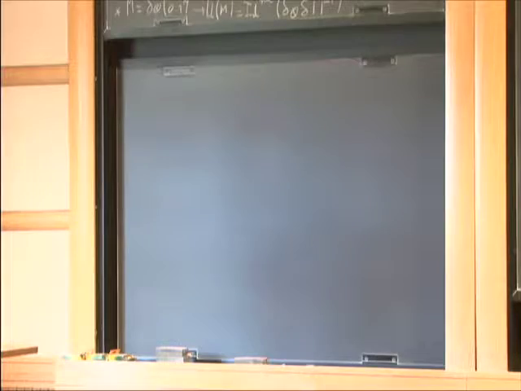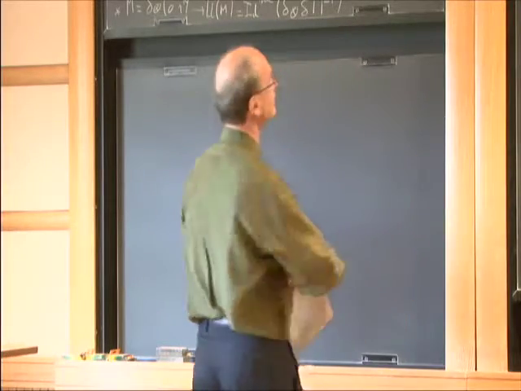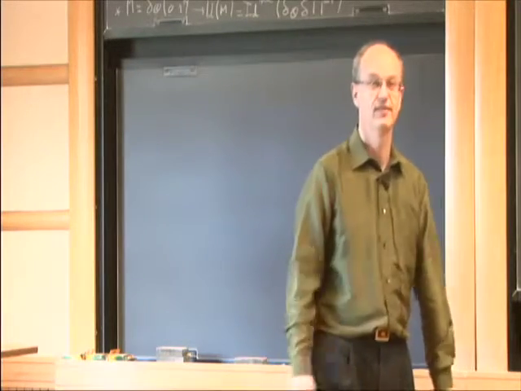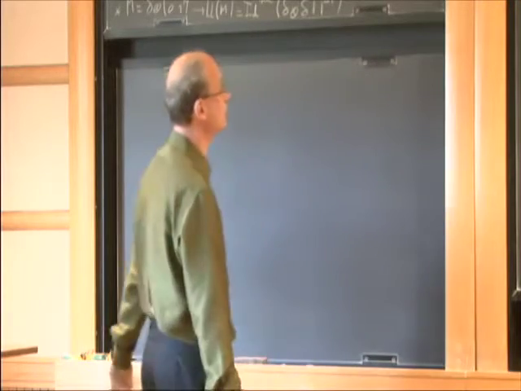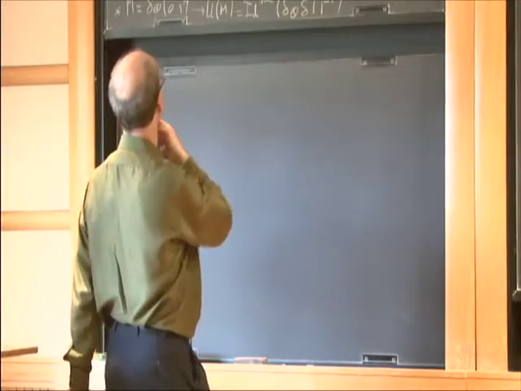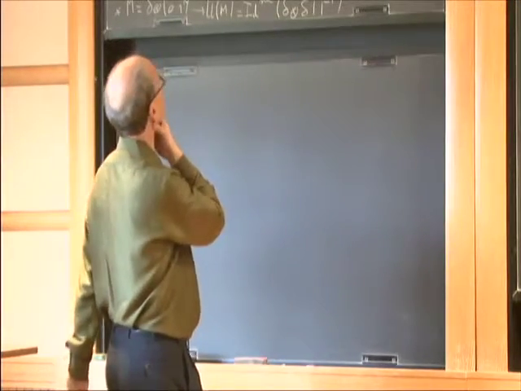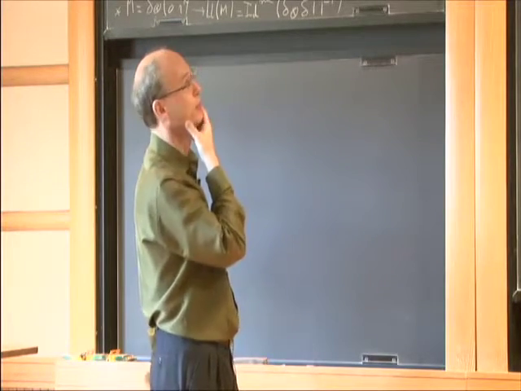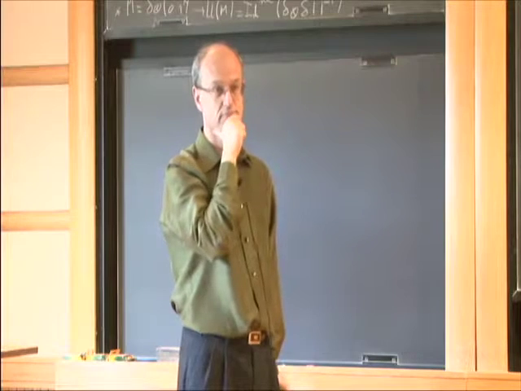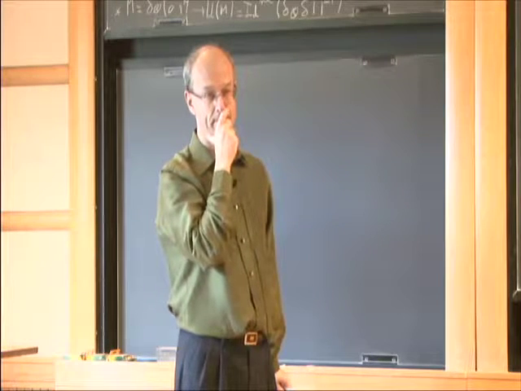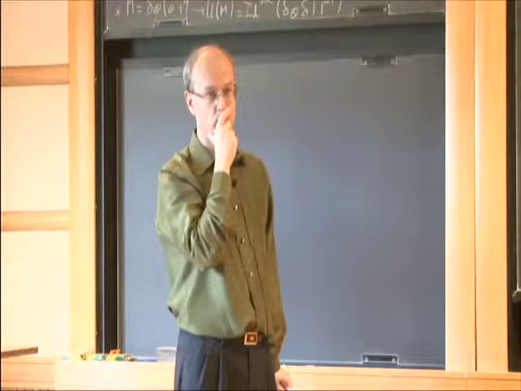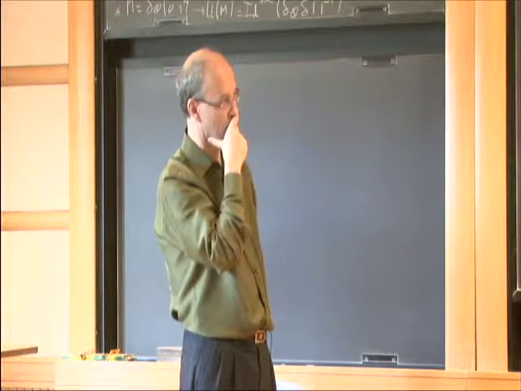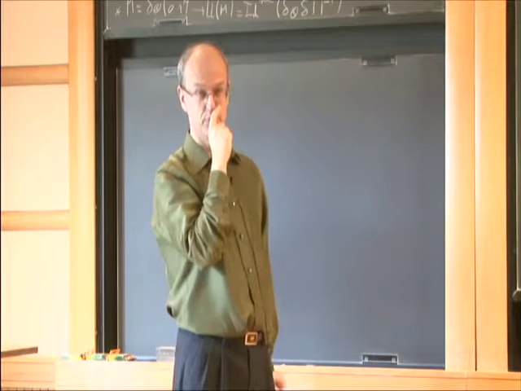So what about the trivial representation? The trivial representation, I don't know. It never appears in my theory, so. Well, I have to think of what you put for the trivial.